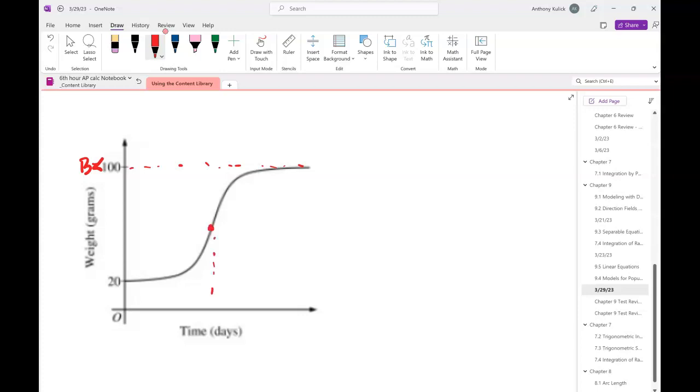But if I look, this section is concave up. So it can't possibly be the correct graph because this should be concave down the entire time. But it's not. So the graph is just disagreeing with what the second derivative would tell us.